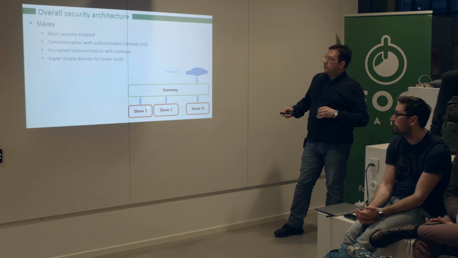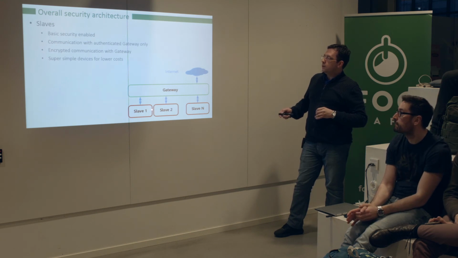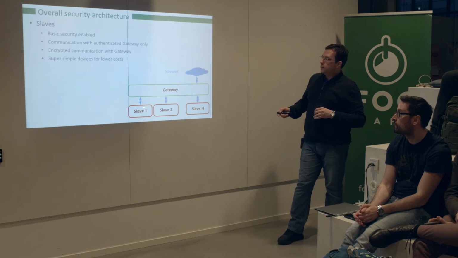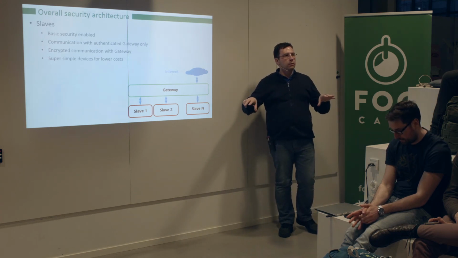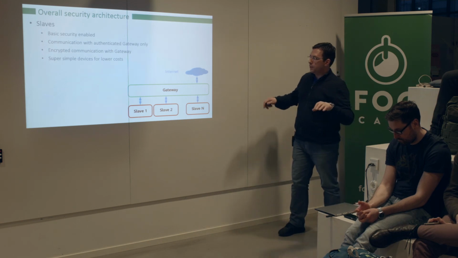So the slaves, they have to be very simple, therefore we introduced basic security in them. They still have the secure booting, of course, but they do not have all the complex mechanisms with rich operating system and separation of different modes. Actually, there are no privileged and unprivileged modes.